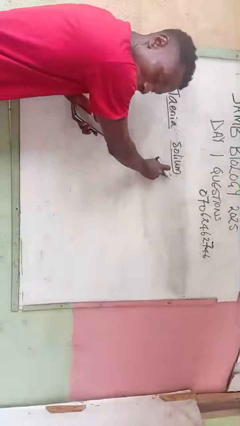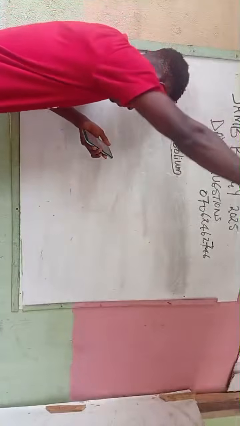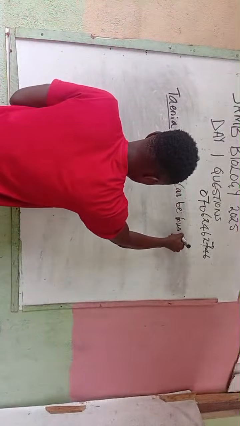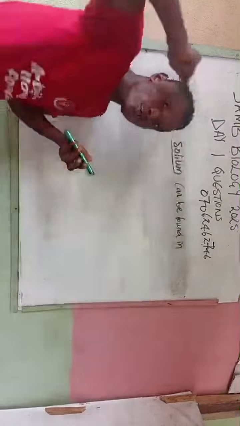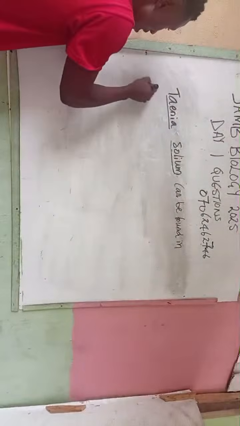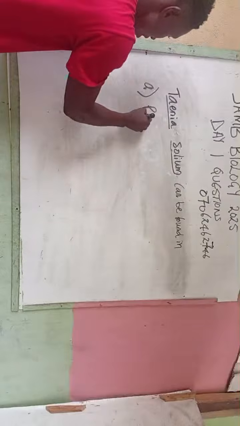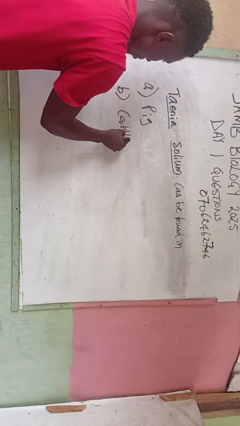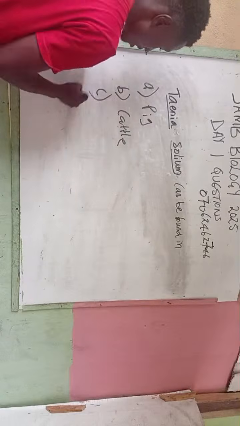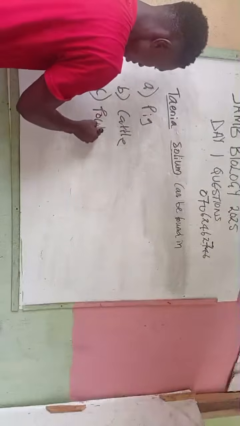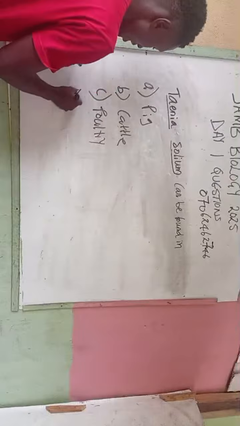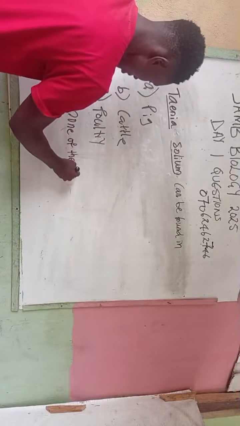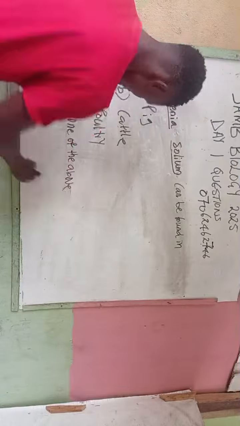So let me underline. It says Taenia solium can be found in A, pig, B, cattle, C, poultry, D, none of the above.